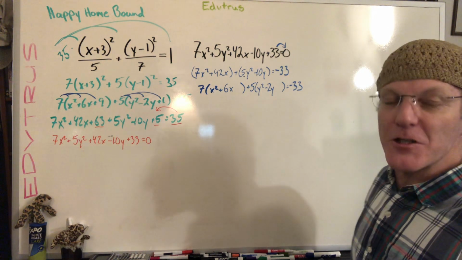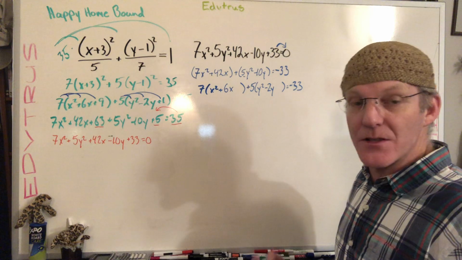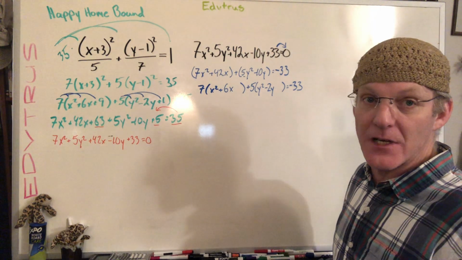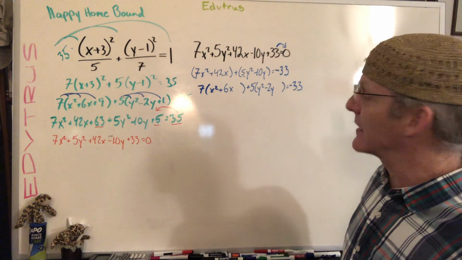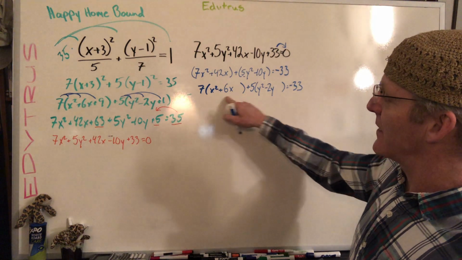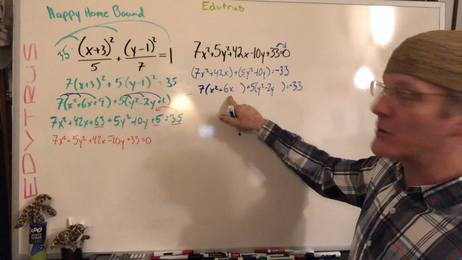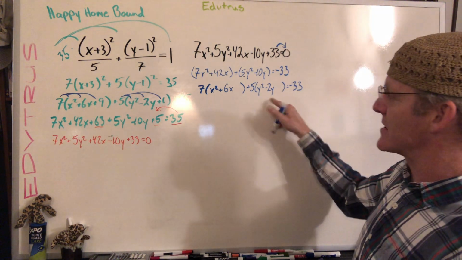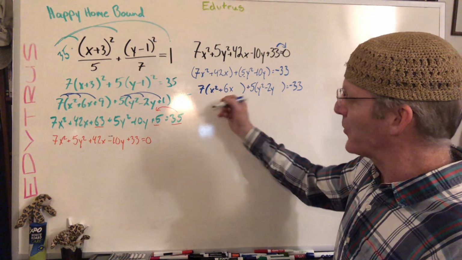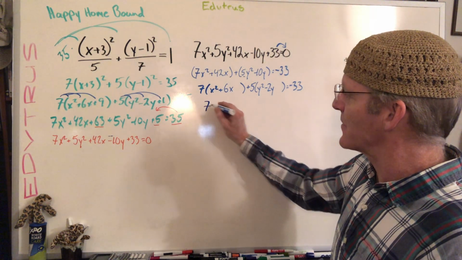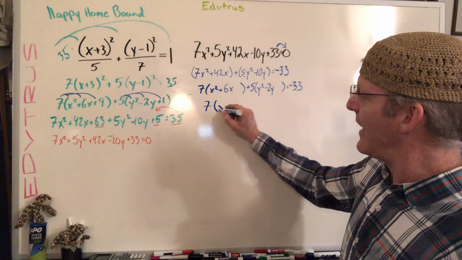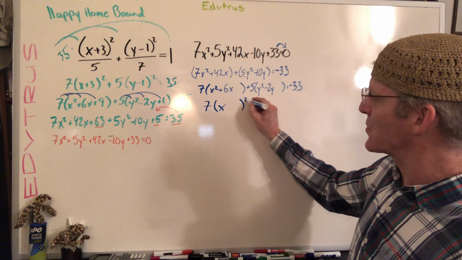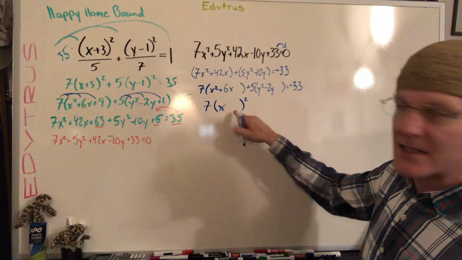Now, at this point, we're ready to complete the square and factor at the same time. So if you recall, the way that I like to do this is we're going to write the factor, or prepare to complete the square for each of these here. So the multiplier comes down still, 7 comes down. Now we're going to have (x plus or minus something) squared, because that's going to be the factor of this thing.